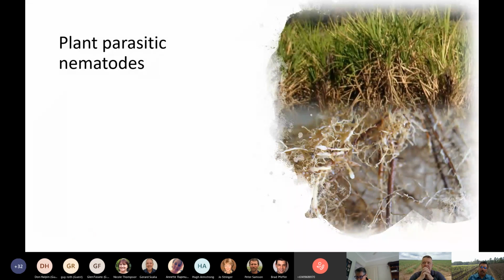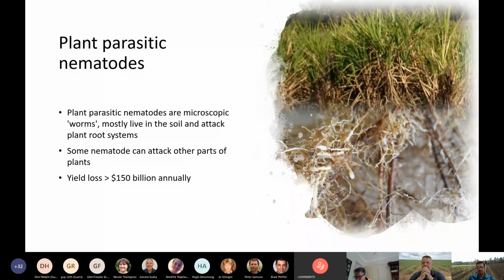The plant parasitic nematodes are small worm-like organisms which mainly live in soil and attack roots. But some nematodes could also attack the upper parts of the plant, say flowers and fruits.